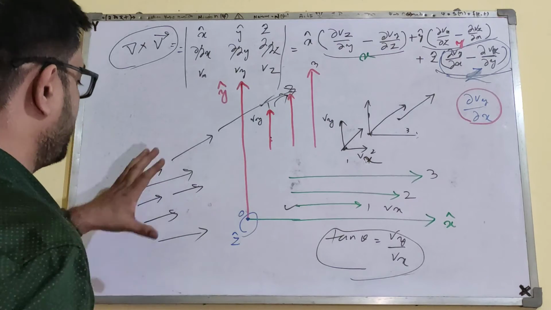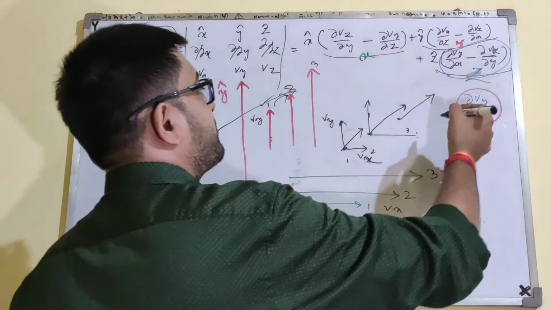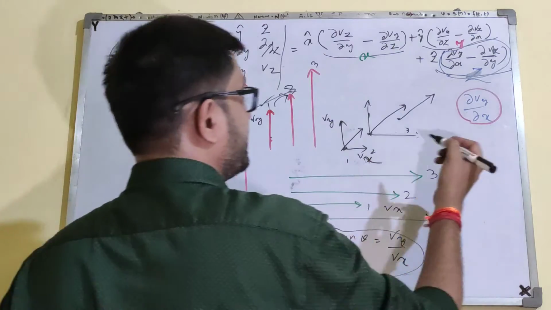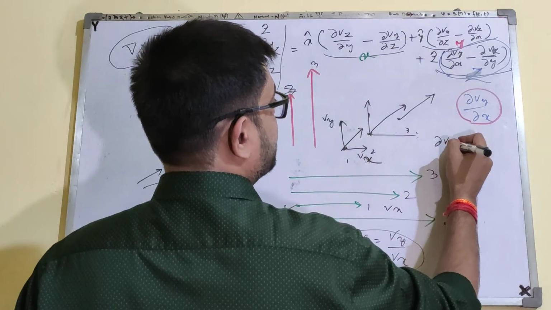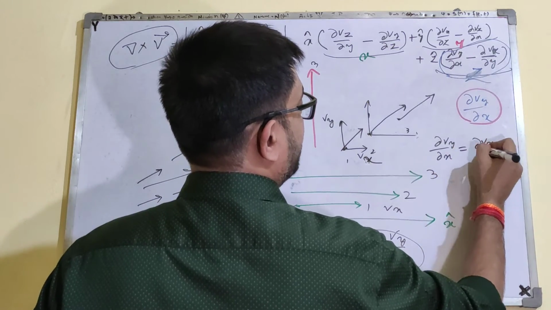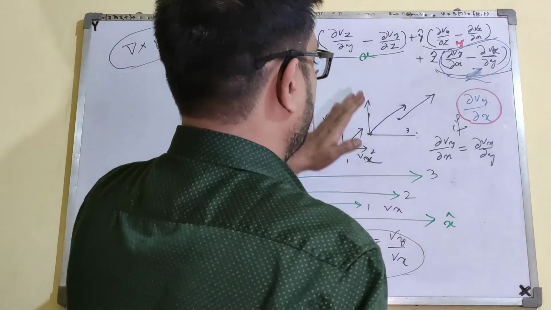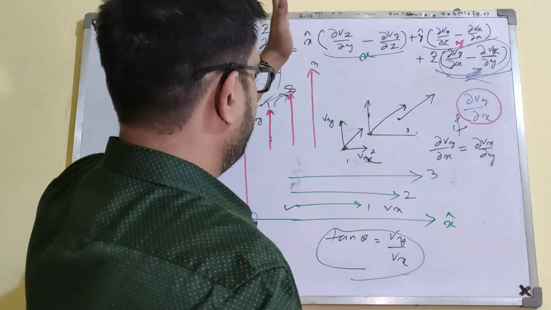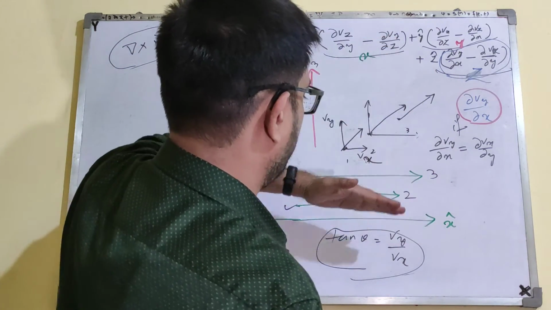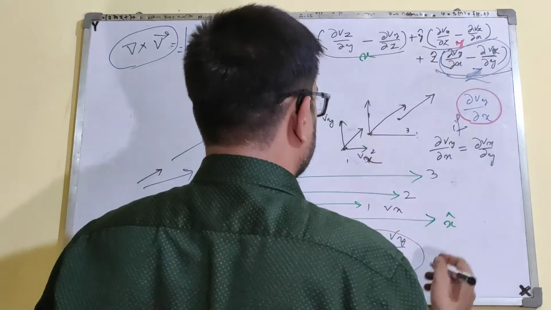And when vectors are parallel to each other, then there is no net rotational tendency. That means if del Vy by del x is equal to del Vx by del y, that means if the proportion of increase in this direction is the same as the proportion of increase in this direction, then in the entire thing there is no curl at all.